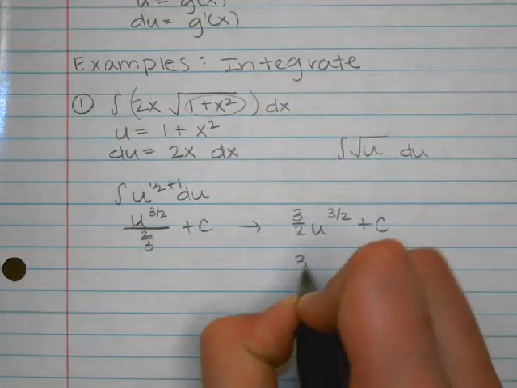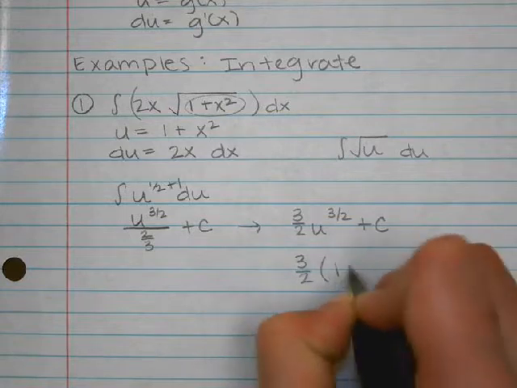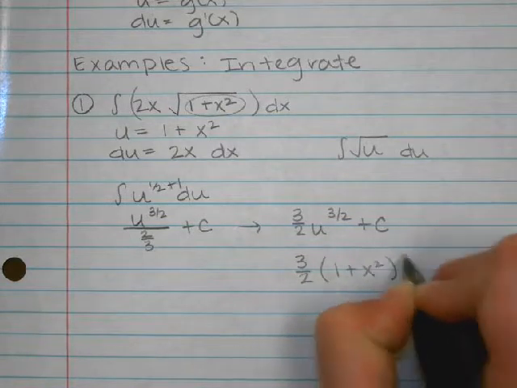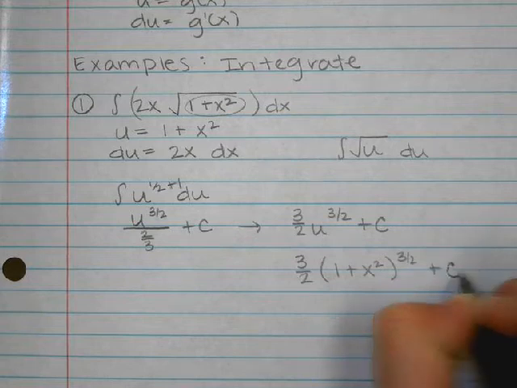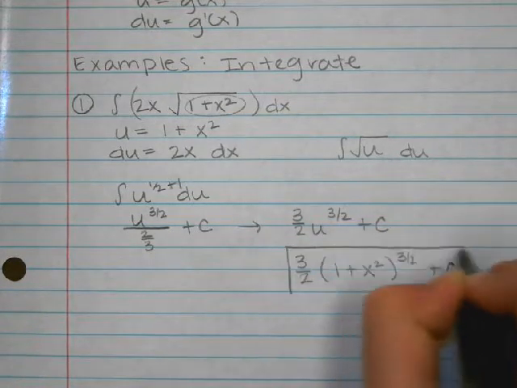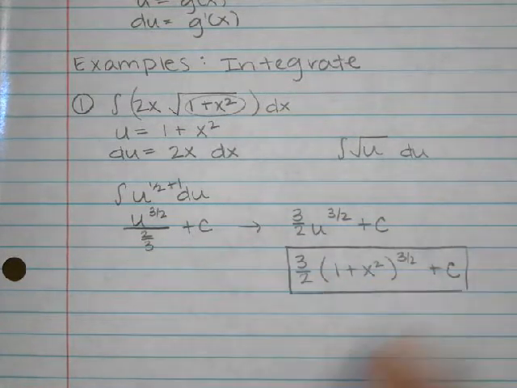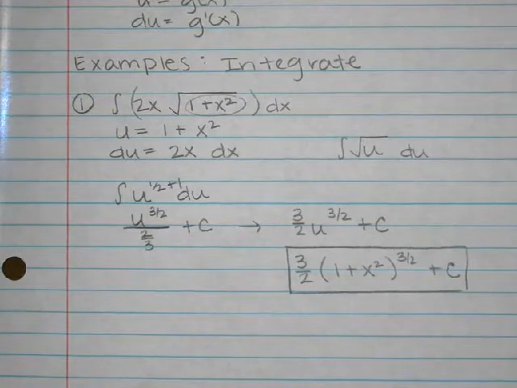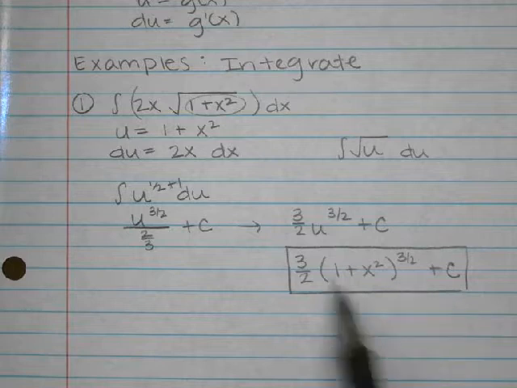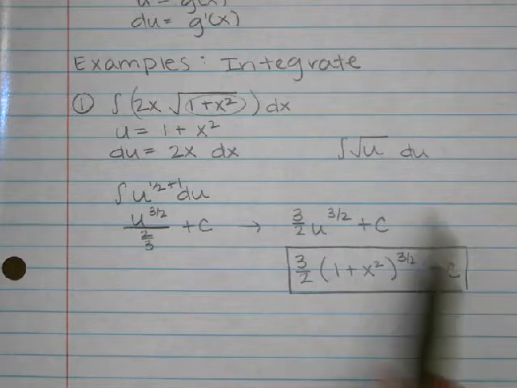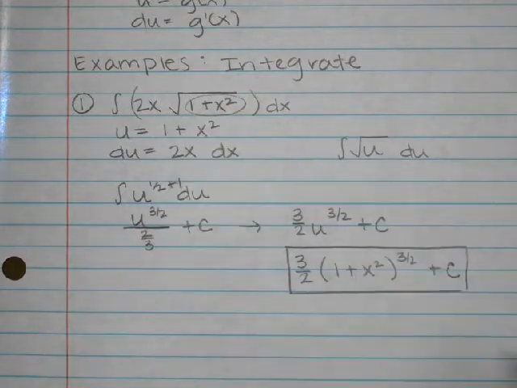So I'm going to say 3 over 2 times 1 plus x squared to the 3/2 plus c. We could write it like that, or we could write it with a radical, either way. And if you ever want to double check your answer and make sure it's right, just take the derivative of this and make sure the result gives you the original.